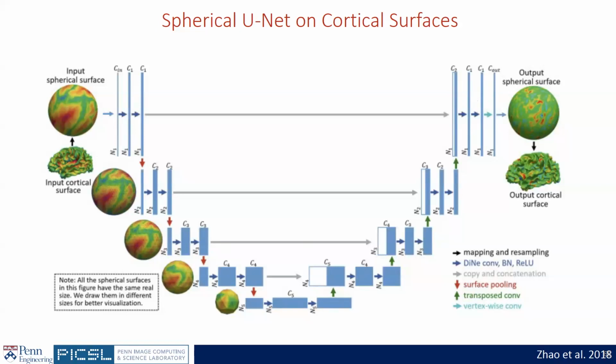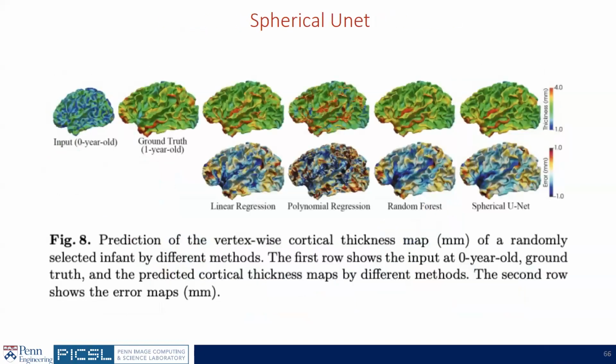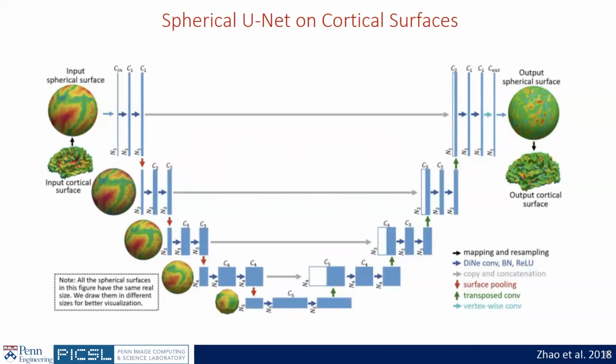We'll not go into this, but I'm just telling you that this is out there. And then you can compute from your input, not only segmentations of the different organs, but you can also get cortical thickness and curvature estimates directly, by giving your input segmentation and getting these output values that you're interested in.